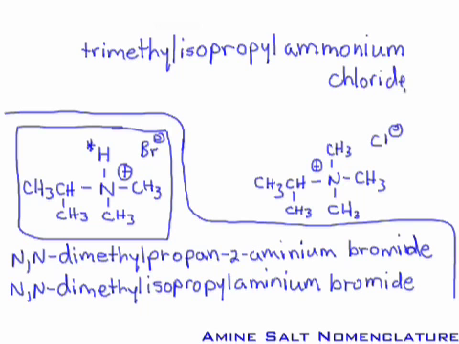It would be perfectly fine to say N,N,N. So put in your N's if you can. N,N,N-trimethylisopropylammonium chloride. So there is a difference in designating a cationic nitrogen that has a hydrogen versus a cationic nitrogen which has only carbons. If there's only carbons attached to it, it's referred to as an ammonium salt. If there's an H off of it, it's named as an aminium salt.